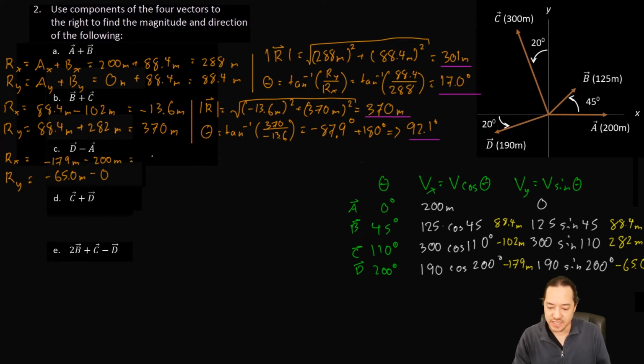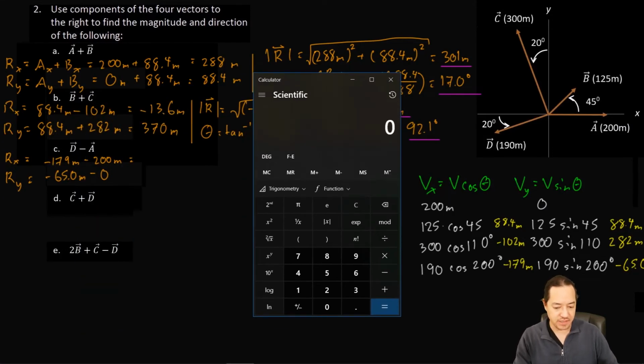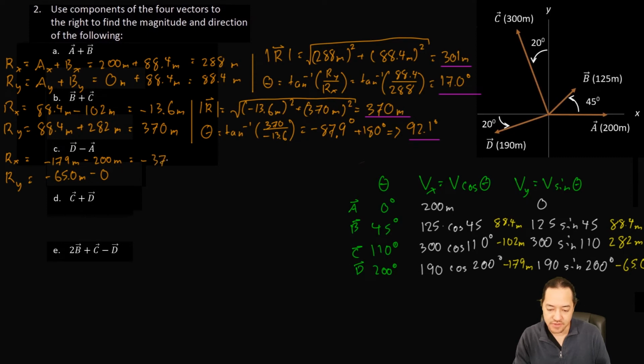So we get negative 179 minus 200, that's negative 379. And here, this is just going to be negative 65.0 meters. So these are our components. So these are both negative, so we should be in quadrant 4. Oh, sorry, we should be in quadrant 3 when they're both negative.